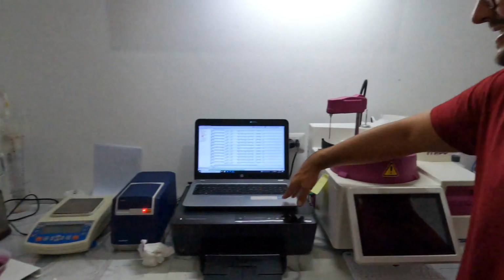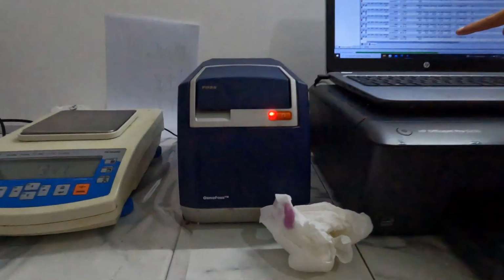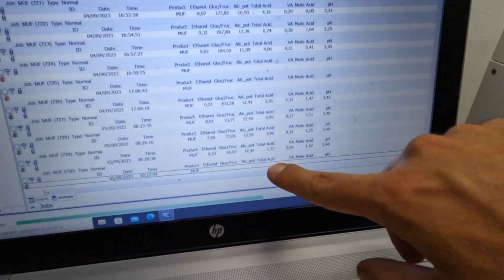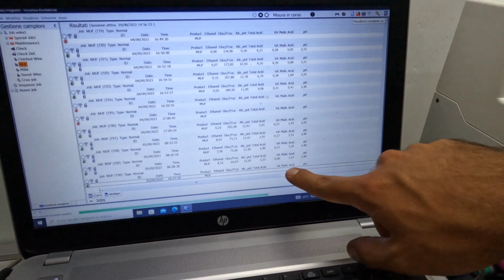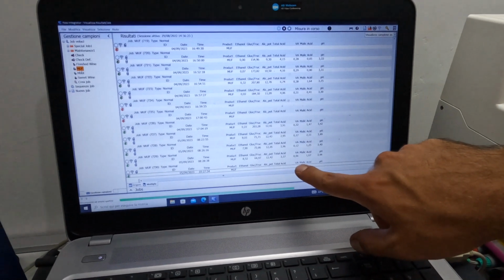So in this machine, Wenopos, we analyze alcohol, sugar, potential alcohol, acidity, total acidity, malic acid, pH, volatile acid. Okay.